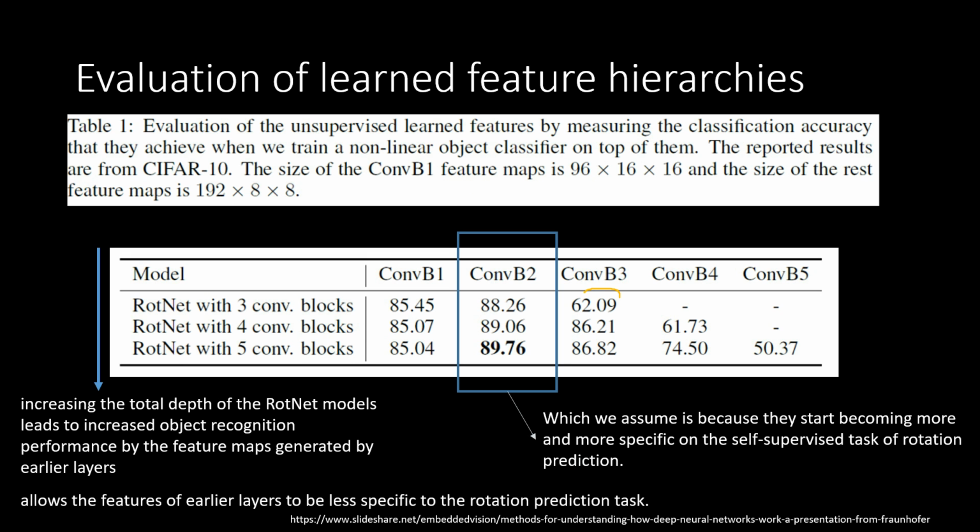bad. Another thing that was observed is that when you increase the total depth of the RotNet model by increasing the number of conv blocks, the performance of object recognition improved using these features. The reason again is the same: if you have more conv layers, then the earlier conv layers tend to have more generic features, not specific to the rotation task. That's why you can see conv block 3 was close to the classifier layer, and that's why it's doing bad.